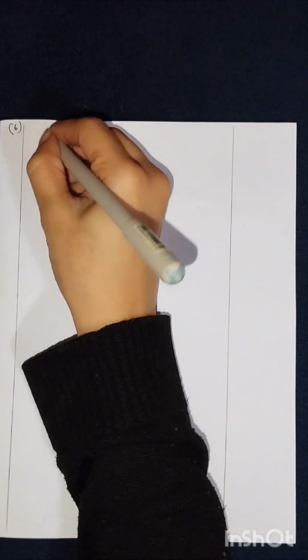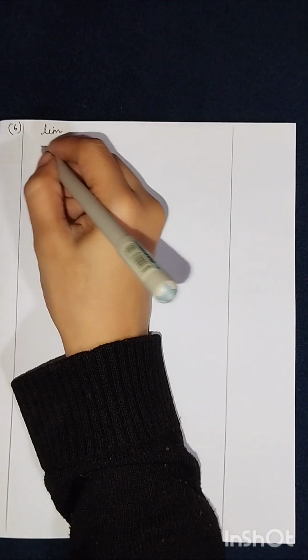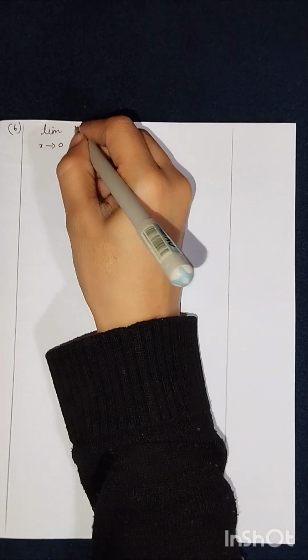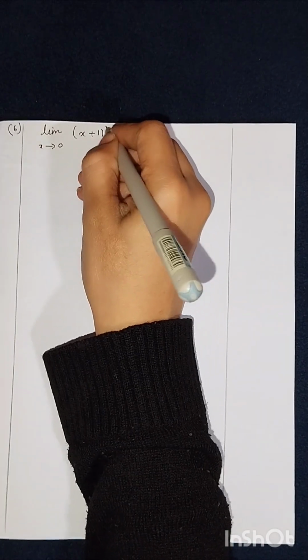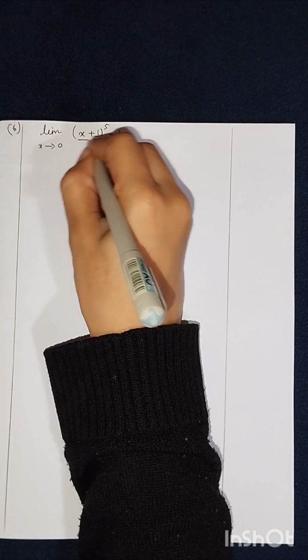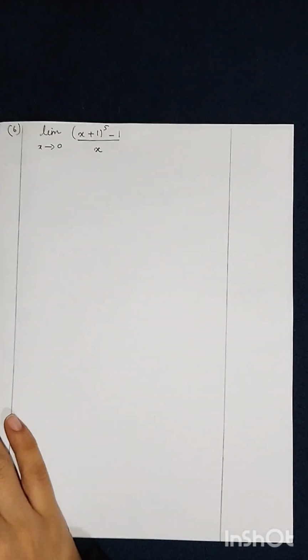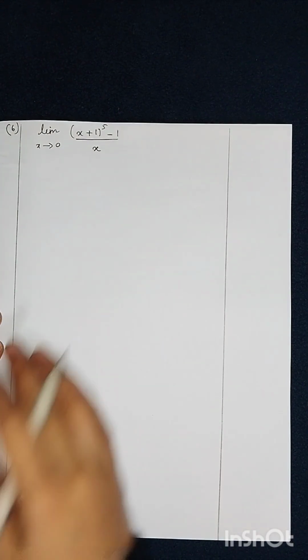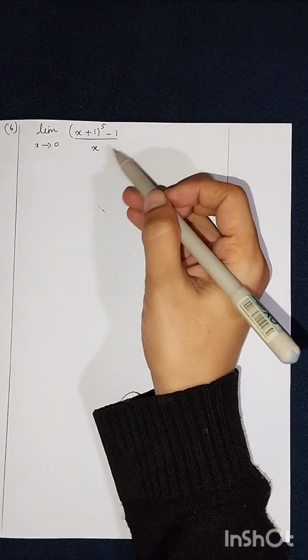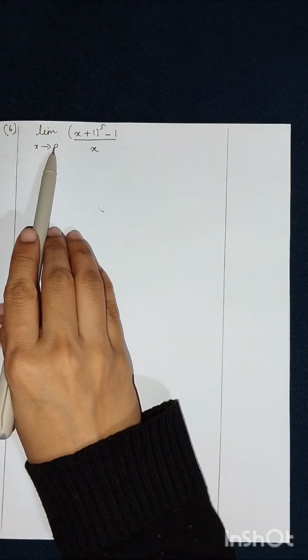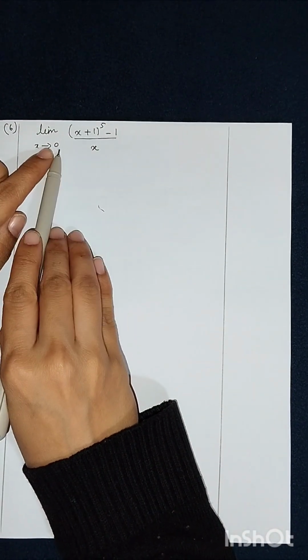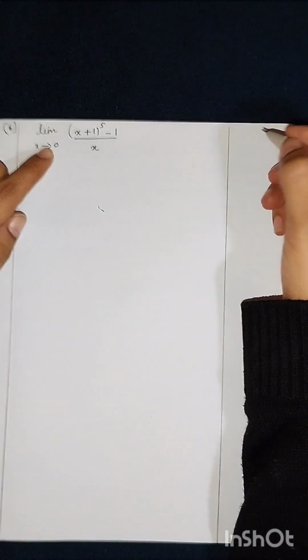The sixth question: limit x tends to 0, (x plus 1) to the power of 5 minus 1 divided by x. Now this problem appears a little different, right? Because we cannot give 0 in the denominator. So what happens if we give 0?